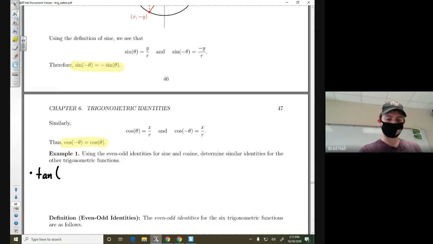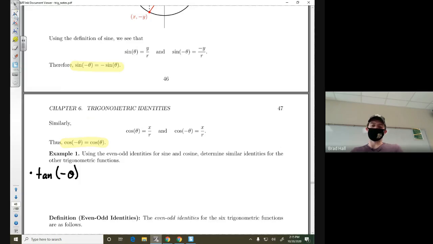So basically it wants us to figure out if we replace the theta in tangent with a negative theta, like we did for sine and cosine, what can we do with that negative sign? Can we bring it out to the very front, like we did with sine, or does it disappear like cosine? Or does something crazy happen? We'll find out.